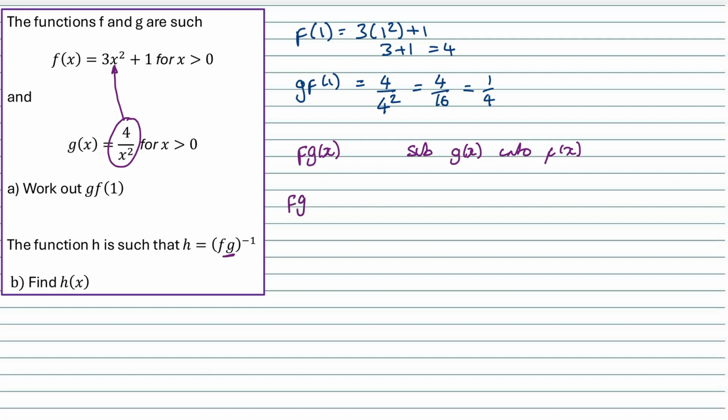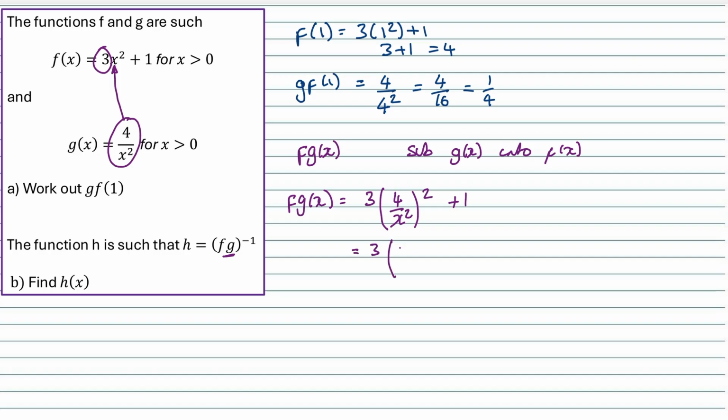So fg of x will be the 3, this 3 here, multiplied by the 4 over x squared, all squared. So I've substituted this into here, and then I've squared it, and then we add 1. We can expand out this square, so we'll have 3.